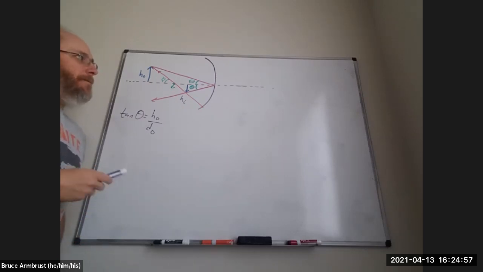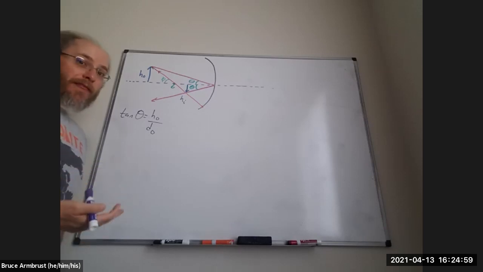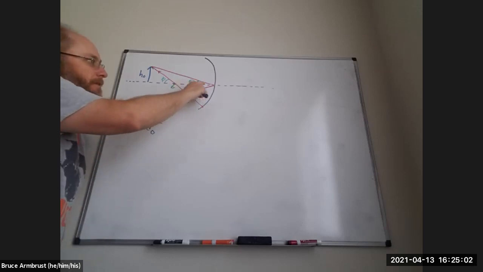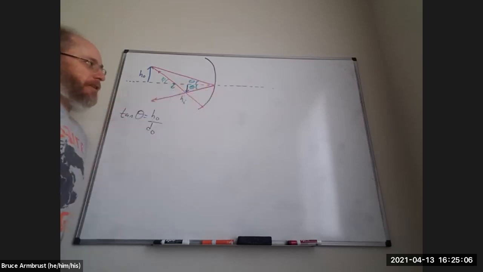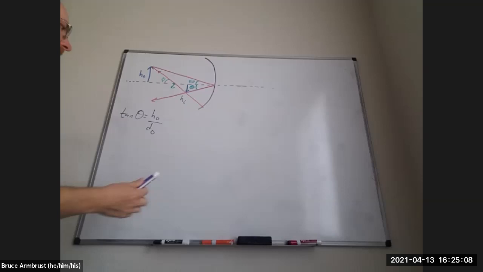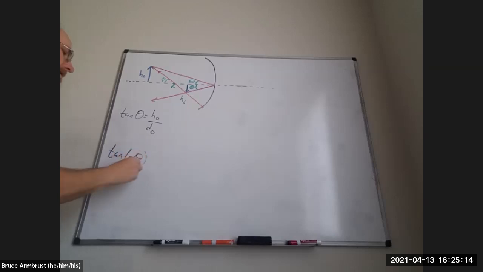All right, now we can do another one with thetas. If we look at this triangle, that's the one that's formed from the reflection of the pink ray. What I'm going to have to do here is use the tangent of negative theta.